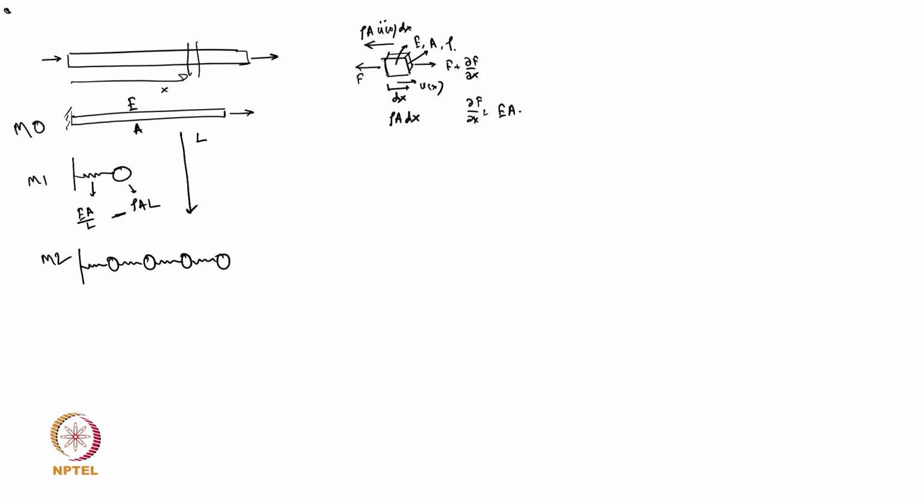Now if I write the equation of motion, I have F plus rho A d2u/dt2 dx minus F minus del F del x is equal to 0. F gets cancelled out.